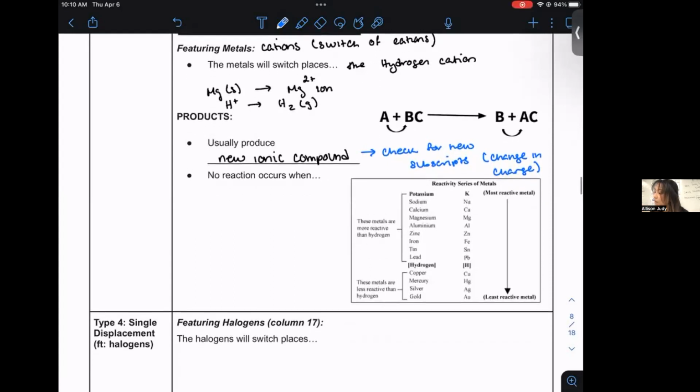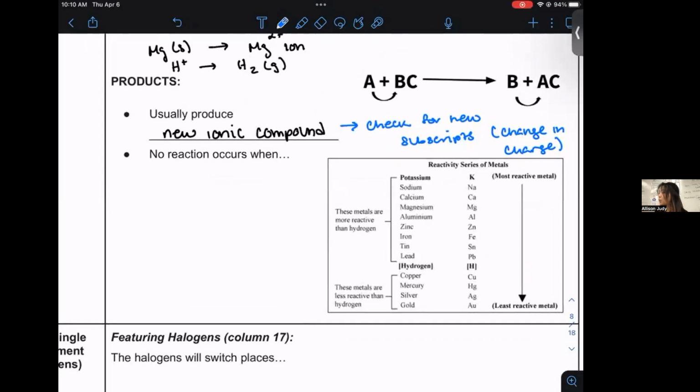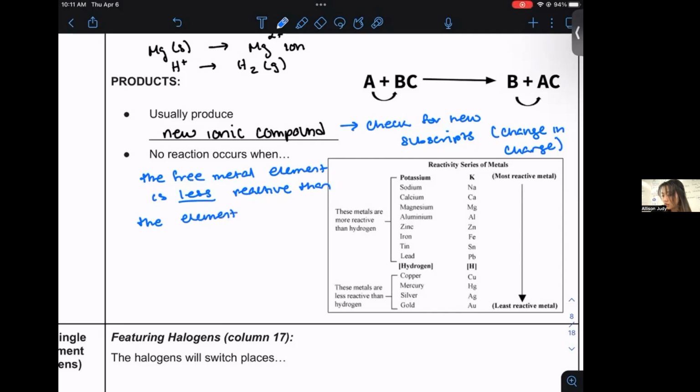So what we say is we have a reactivity series where we can judge if a replacement is going to occur with a metal. And here's the trick. No reaction occurs when the free metal element is less reactive than the element already in a bond, already bonded.